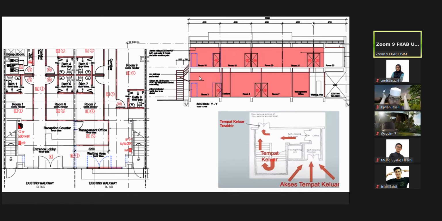We will say later on. So you may say that all the floors have fire exit, fire staircase. So for this area, if only one fire staircase is not enough, you have to design another fire staircase somewhere at the back. Okay, according to travel distance.